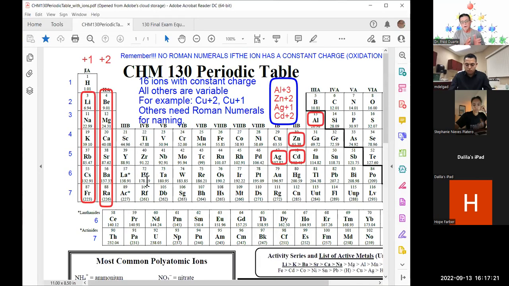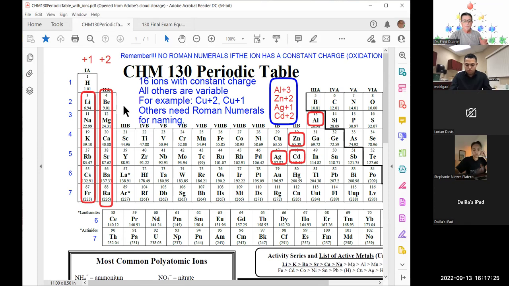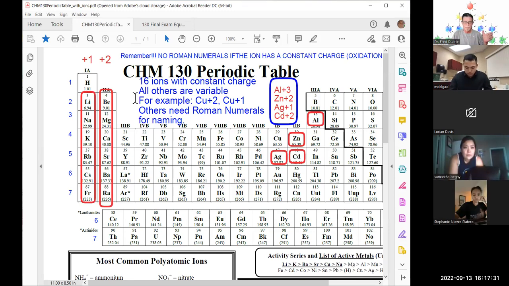If you look in the far left column, you'll see that I have marked the rows going across the periodic table, starting with hydrogen and going all the way across to helium. That's row number 1. And then from lithium all the way across to neon, row number 2, and so on.